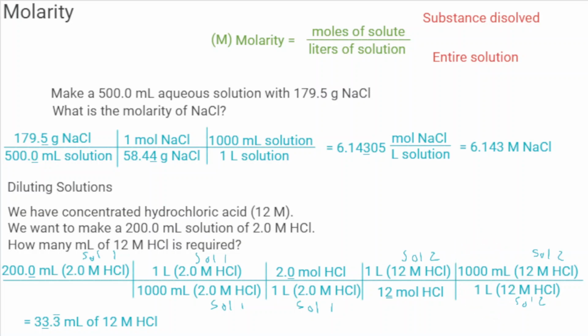So we're limited to either having 4, 2, or 2 sig figs, and the least of those is going to be 2, so we'll be limited to 2 significant figures. So when we do that, we will end up with 33 milliliters of 12 molar hydrochloric acid. And so that's how we can do a dilution.